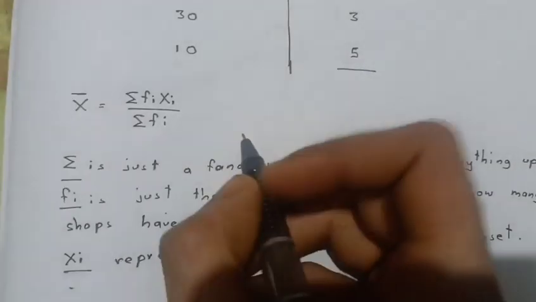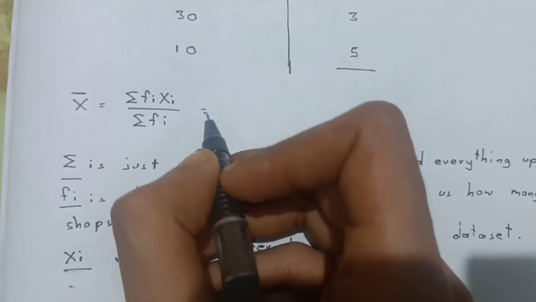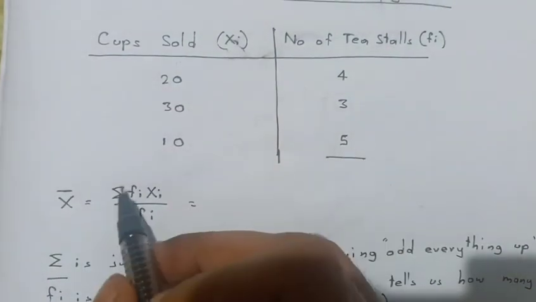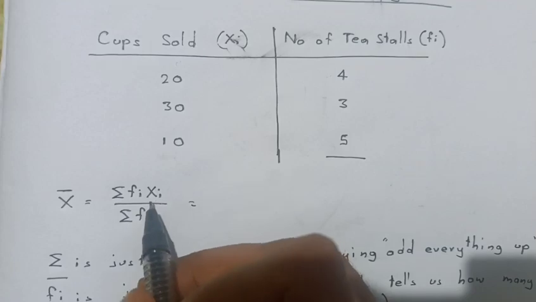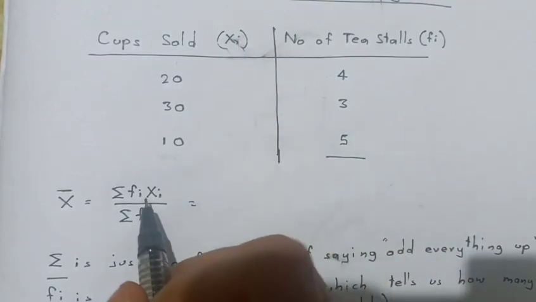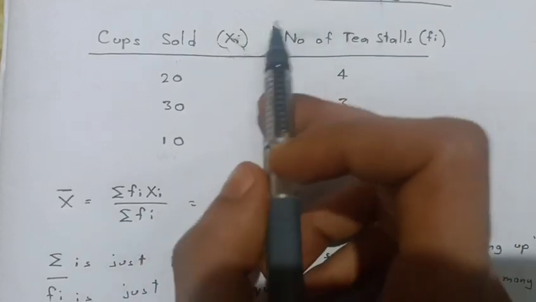I think now we can put all the data into this formula, summation of fi xi. We need to understand what's happening here. There is a product between fi and xi.